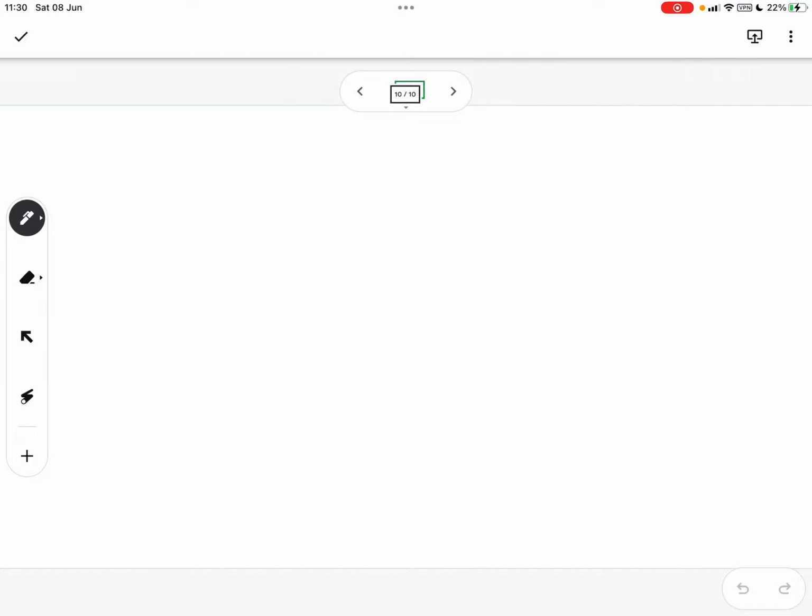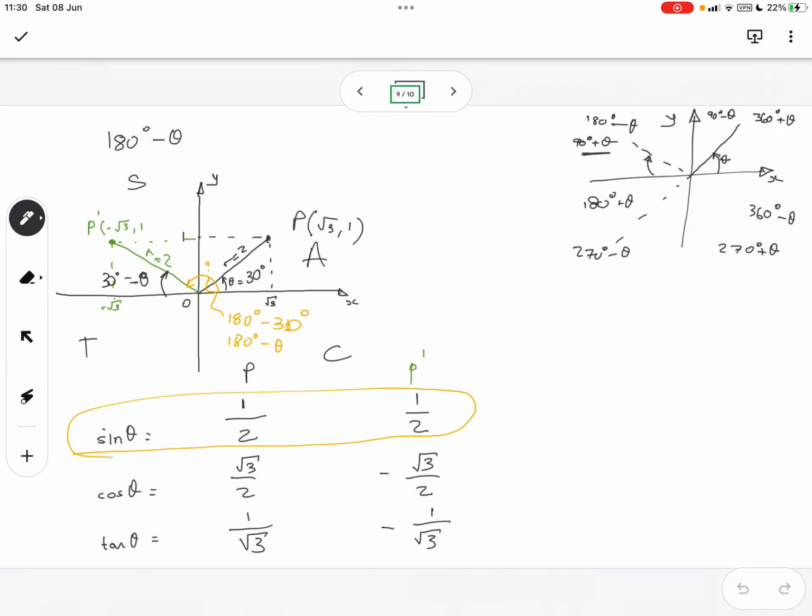All right, so we can use the coordinates of P prime here, these coordinates, to determine sine of 180 minus theta, cos of 180 minus theta, and tan of 180 minus theta. So how are we going to do that?